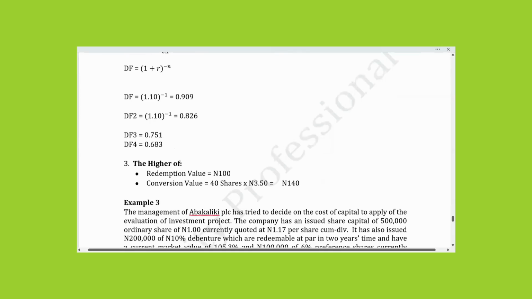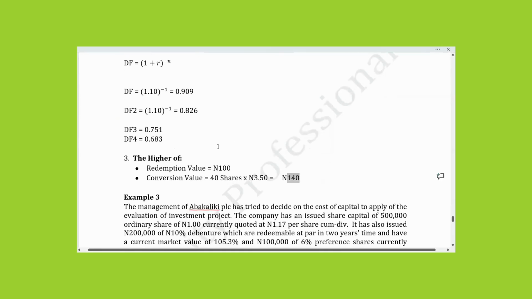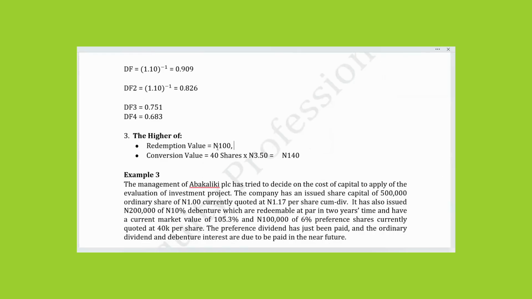100 naira. You then calculate the conversion value. Conversion value is calculated as the number of ordinary shares you want to convert to, multiplied by the market price at the exercise date. You are given 40 shares. The market price at the exercise date in 4 years' time is 3 naira 50 kobo. Therefore, 40 multiplied by 3.5 gives you 140. So 140 is higher than 100 naira, and that's why we use 140.